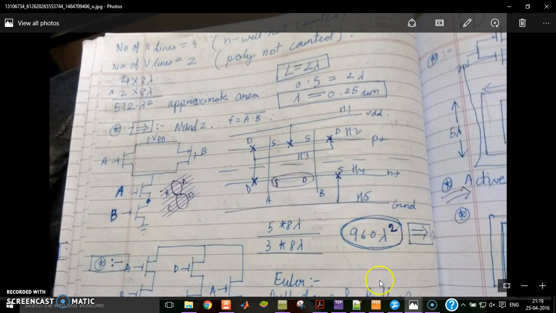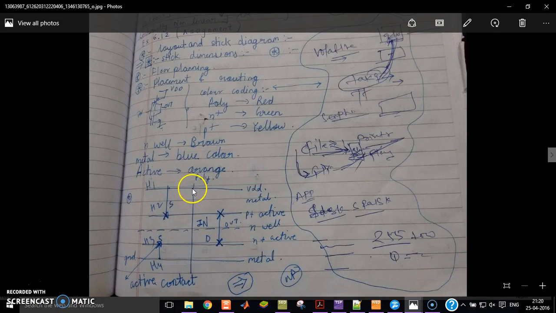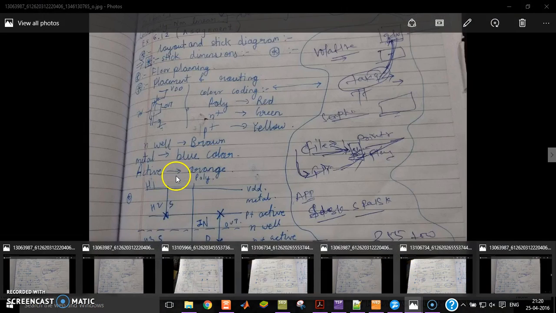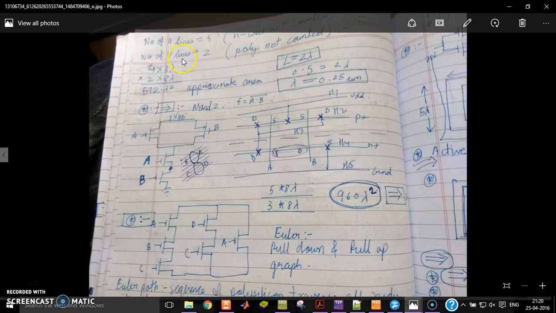So for the case of the inverter, the number of horizontal lines are 1, 2, 3 and 4, and the N well is not counted, so there are 4 lines out here, and the vertical lines are 1 and 2, and the polysilicon one is not counted. So the number of parallel lines are 4, the number of vertical lines are 2.